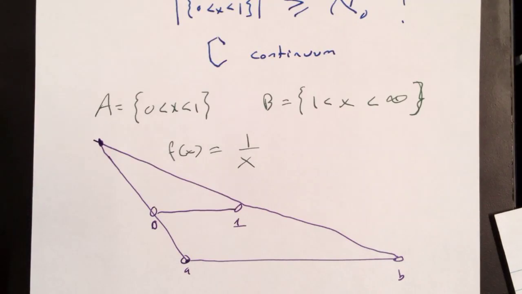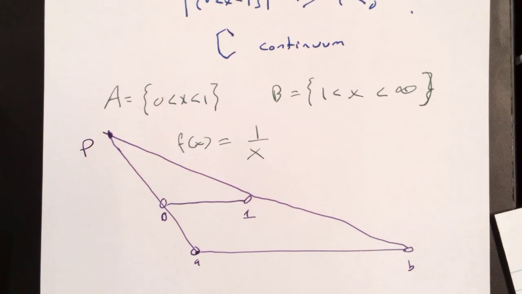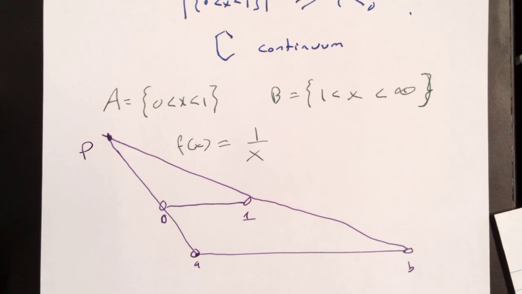To map the first line to the second line, start at this point P and draw from P to any point between 0 and 1. All you need is a ruler.